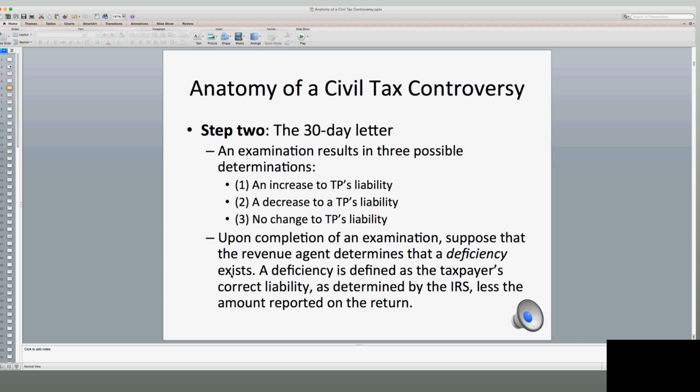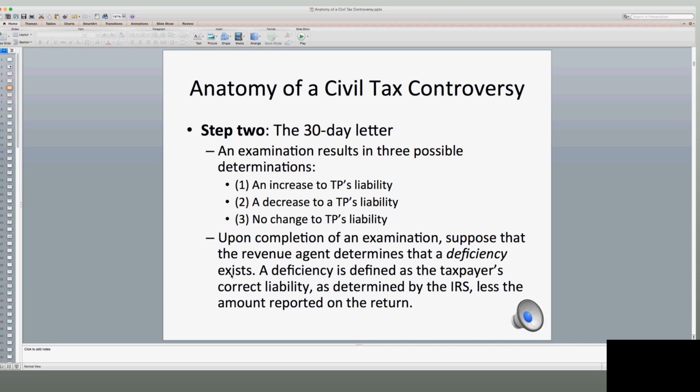Upon completion of an exam, let's suppose that the revenue agent determines that a deficiency exists. We are all familiar with this term deficiency, but it has a precise meaning, and it's defined as the taxpayer's correct liability as determined by the IRS, less the amount reported on the return.